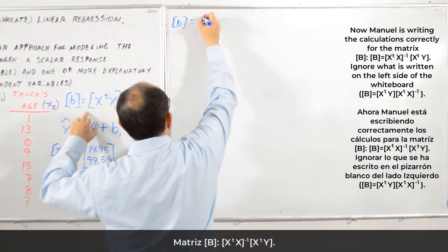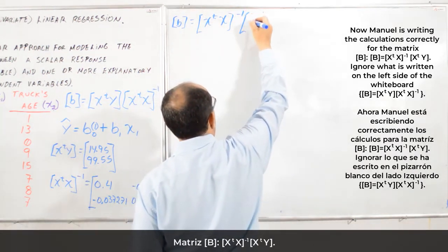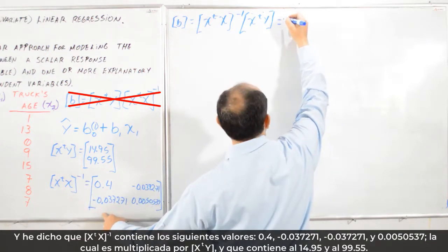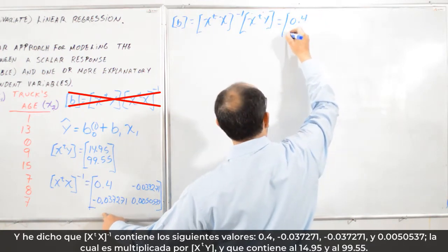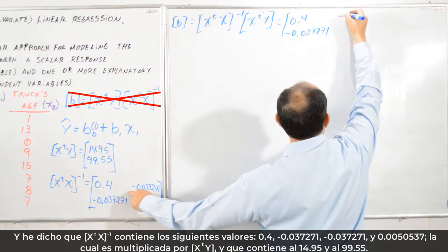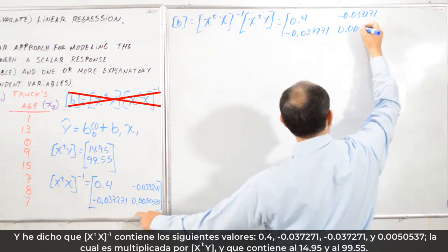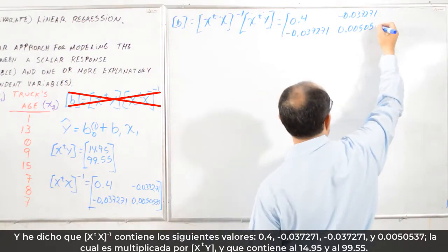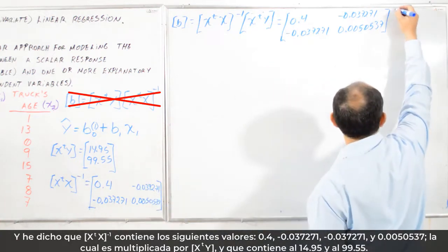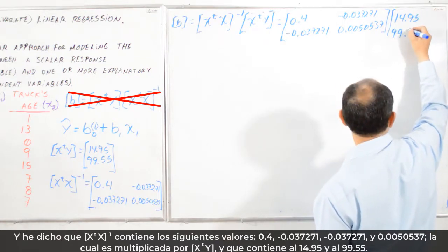Matrix V is X transpose X inverse times X transpose Y. And I have said that X transpose X inverse is equal to 0.4, minus 0.0372771, minus 0.0372771, 0.0050537, times X transpose Y, which is 14.95 and 99.55.